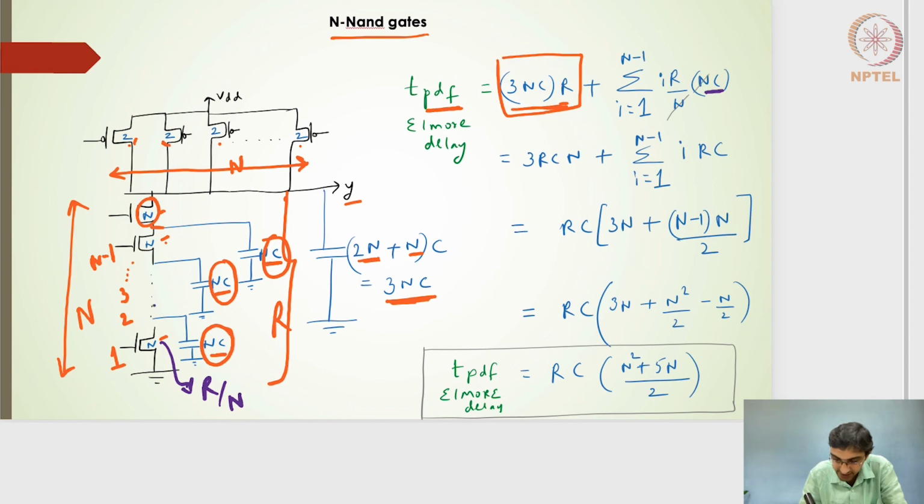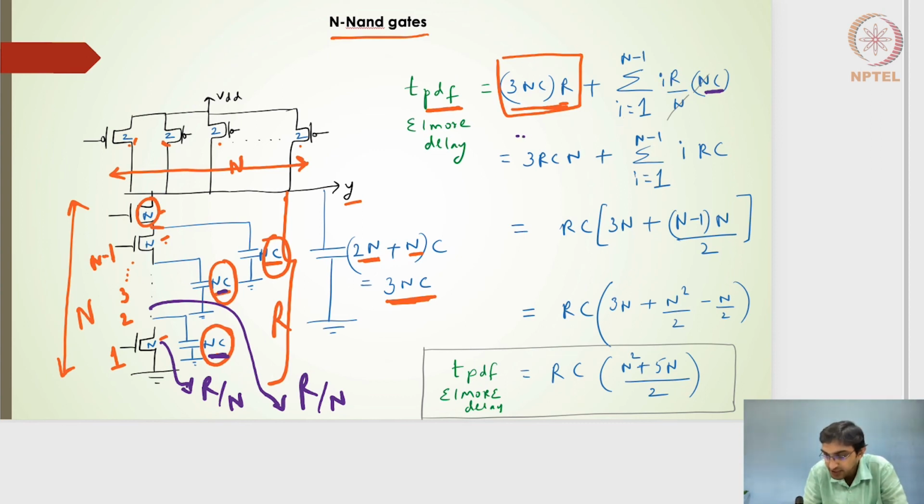But as we are proceeding from down to up, closer to this particular transistor of nC, it sees a resistance path of R by n. The next one sees a resistance path of 2R by n. The third nC capacitance sees a resistance path of 3R by n, and that's why I have made it a variable of i, times R by n.